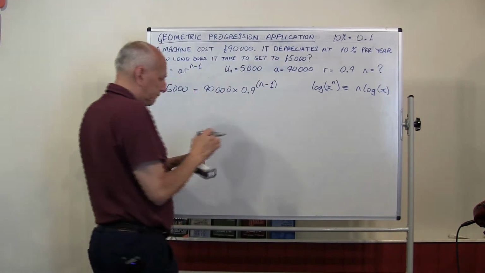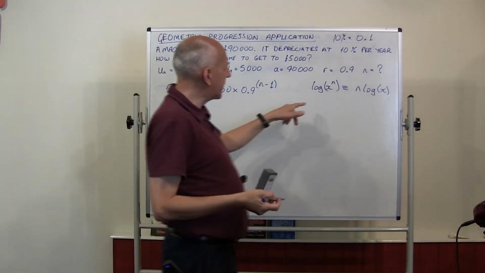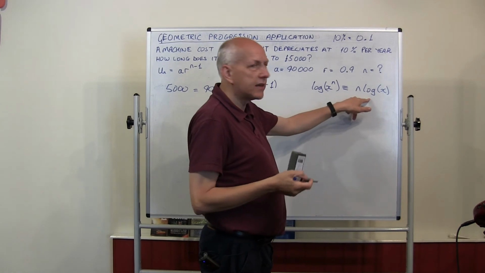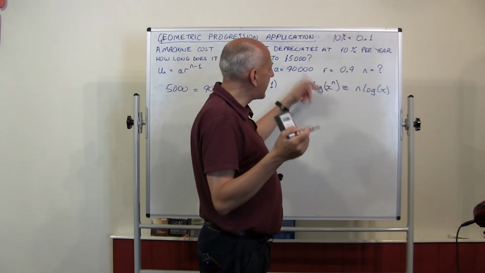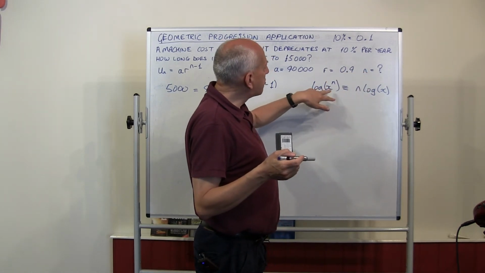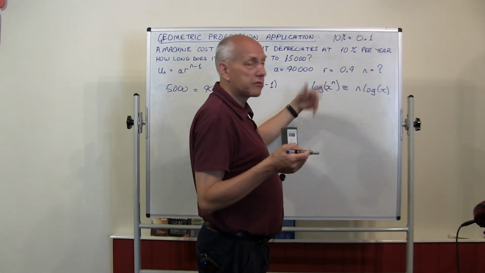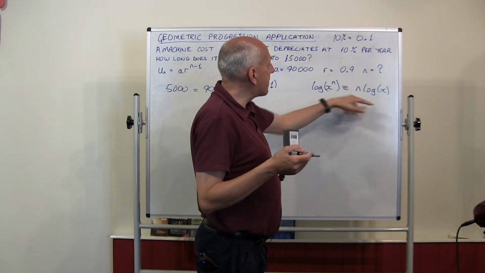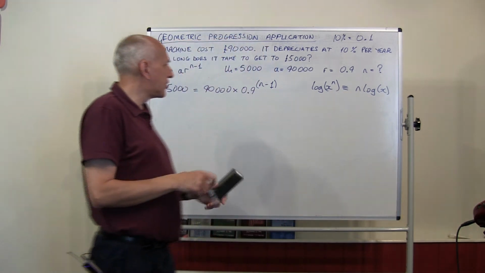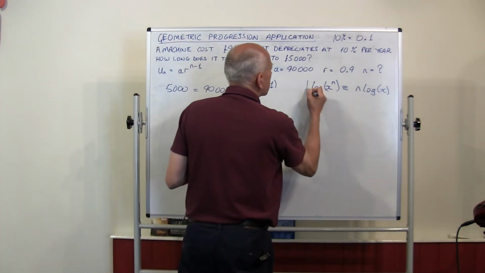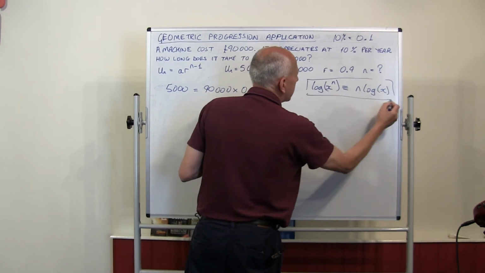If we had some numbers in this, let's assume this is log base 10, though this works for any base. If this was 5 and that was 3, so 5 times 5 times 5, you'd get the same answer both methods. It's an identity. So that's what that means.